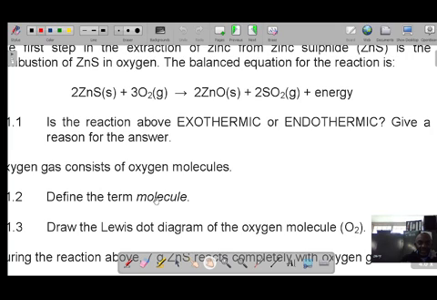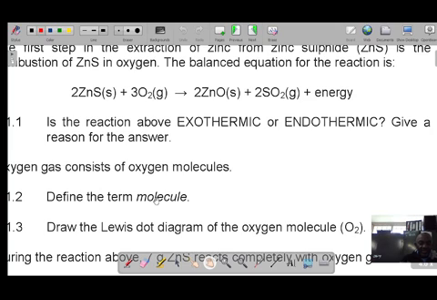Now somebody can ask, how do you know whether energy is released or absorbed? In our equations, if the energy is absorbed or taken in, it must appear on the reactant side. However, if the energy is released, it must appear on the product side.